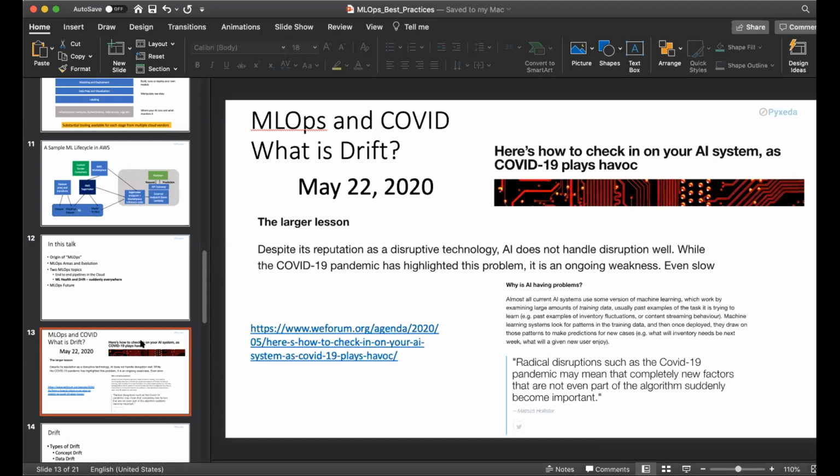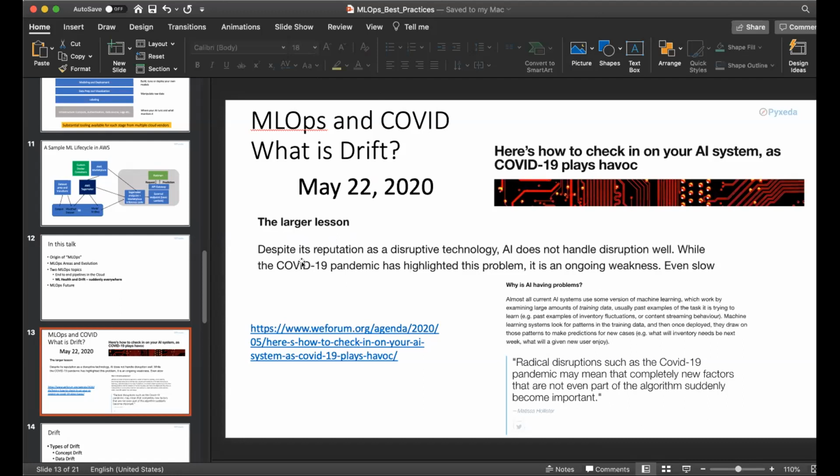Those of you who attended Bharat's talk right before this one, he mentioned that there are some very unique representations of drift that occur in the drug discovery practice that are not like anything seen in any other context. However, prior to COVID, drift was a problem that was hard to see unless you put something actually into production.